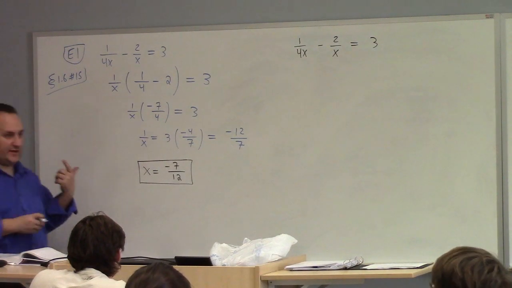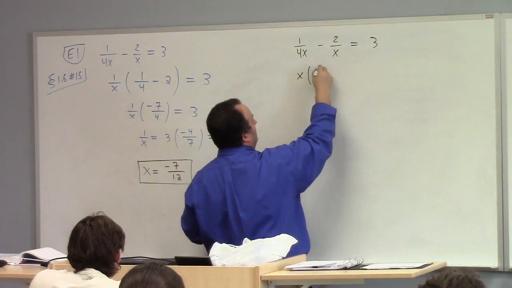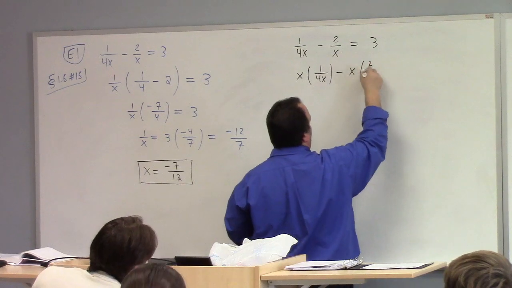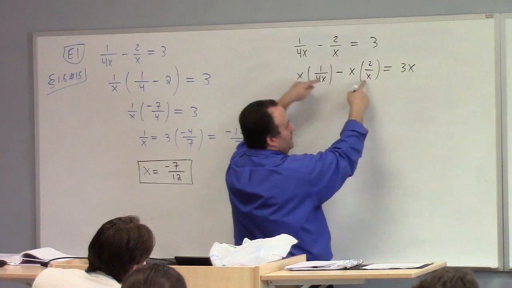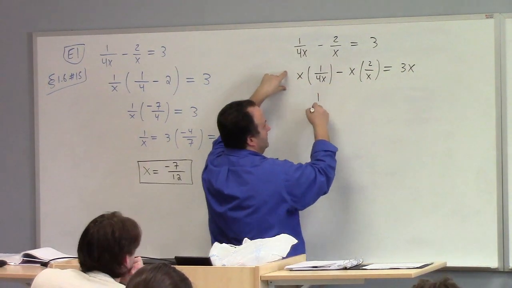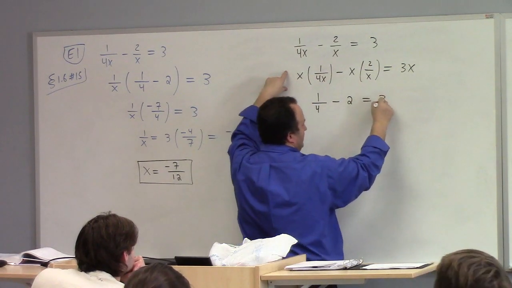Multiply both sides by x, what would happen? So the x is here, and the x is here, they cancel. And what we get is 1 over 4 minus 2 equals 3x.